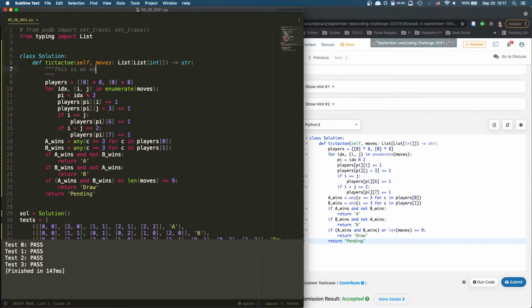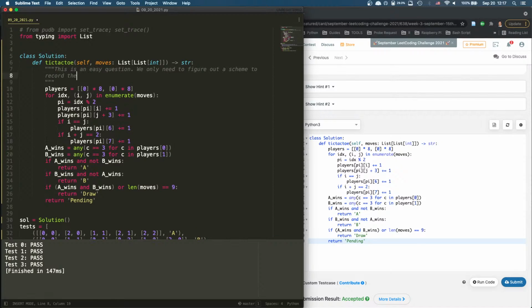This is an easy question. We only need to figure out a data structure, a scheme to record the number of X's and O's for each player.